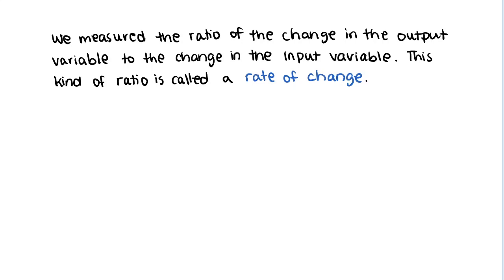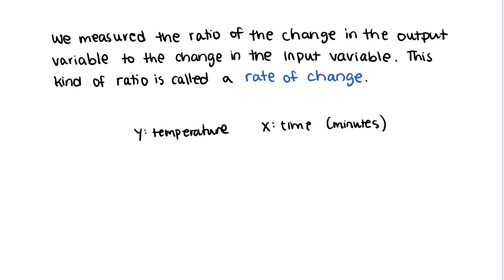And so this idea appears so frequently that there's some special notation we use to make things a little bit more concise. Right? So here in the last example, we let y represent the temperature, and x in that last example, we let that represent the time in minutes.